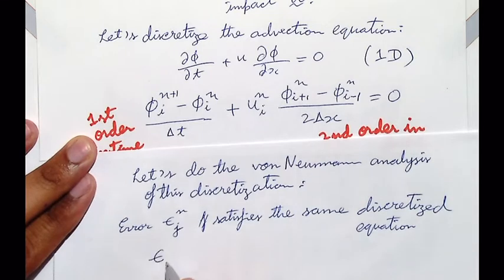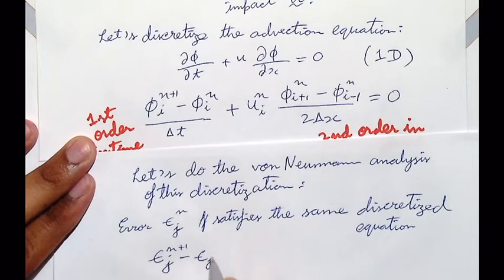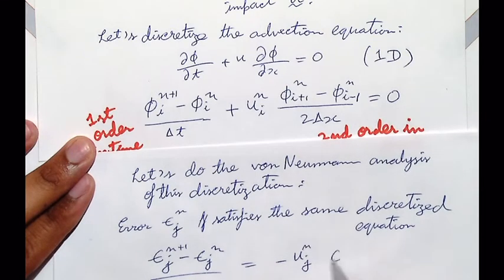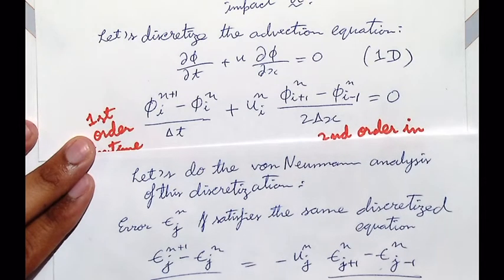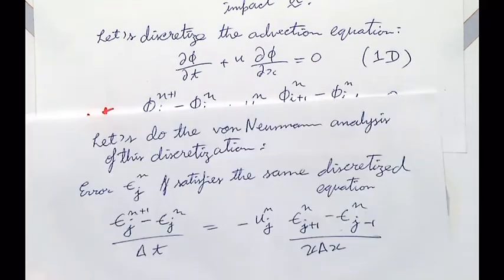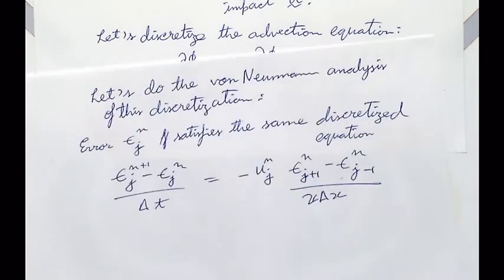So we have epsilon j n plus 1 minus epsilon j n over delta t, then we take that to the other side, equals minus u j n times epsilon j plus 1 minus epsilon j minus 1 over 2 delta x. I haven't done anything fancy yet.